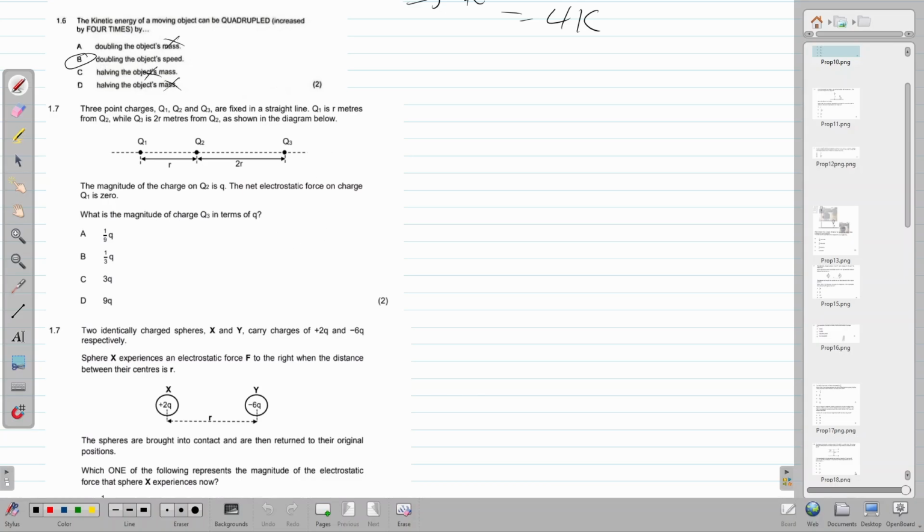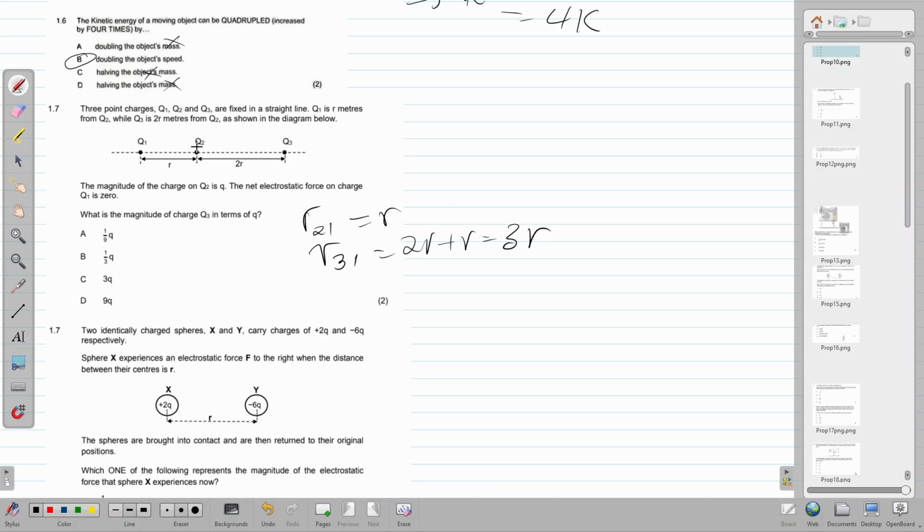We're given that the distance from charge Q2 to Q1 is r, and the distance from charge Q3 to Q1 is 2r plus r, which gives us 3r.